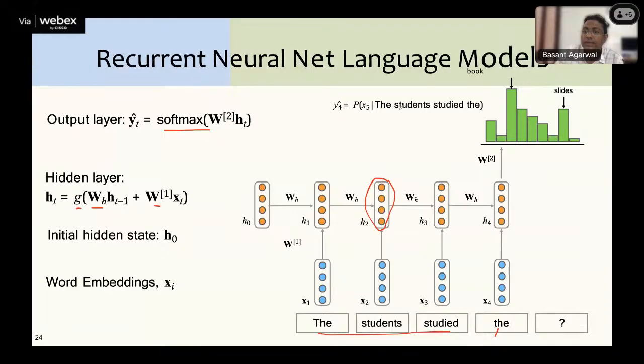Given these four words, we can predict the probability of the next word. Earlier, in the probabilistic language model, we estimated this by counting frequencies, which was not that good. Here we use embeddings for the representation of the words, and then process a sequence, which is a semantically rich and syntactically good representation.